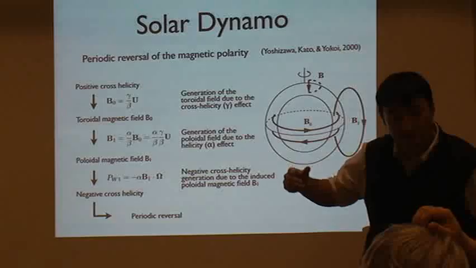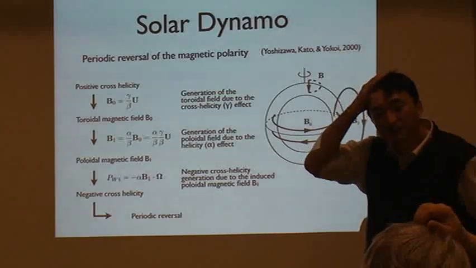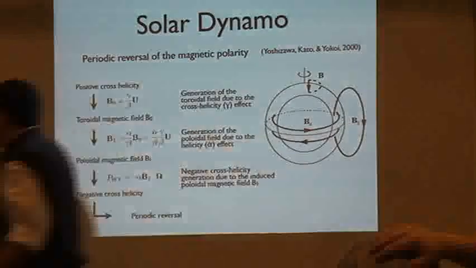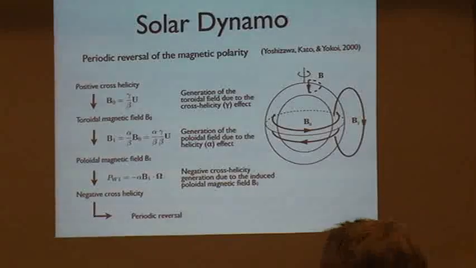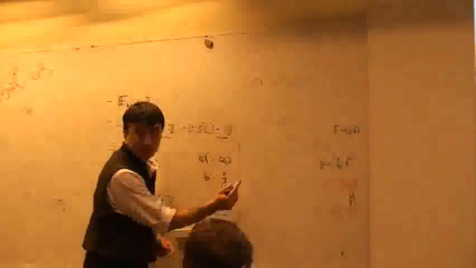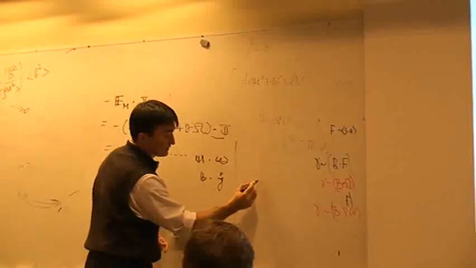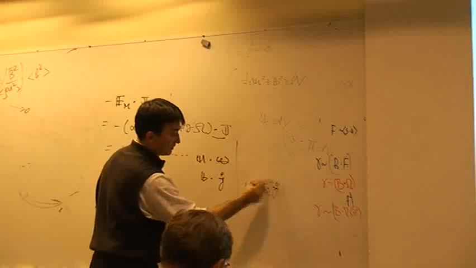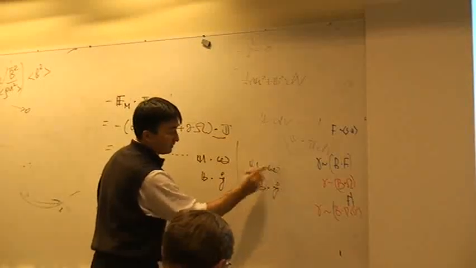But U·omega and BJ at polarity reversal never change sign, so it's not similar, at least, to the toroidal field.